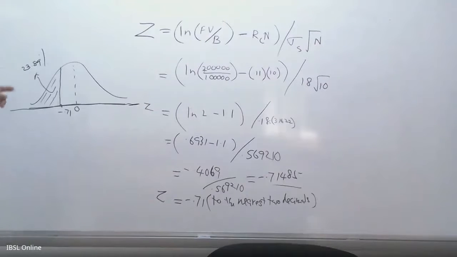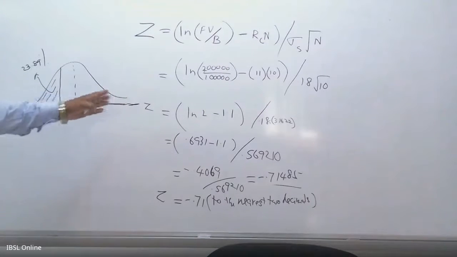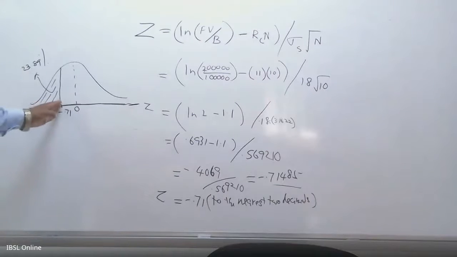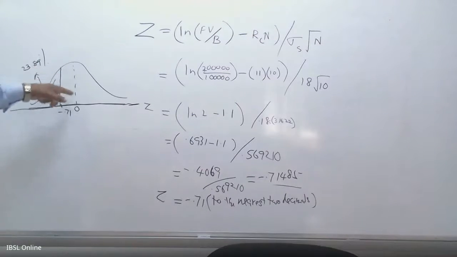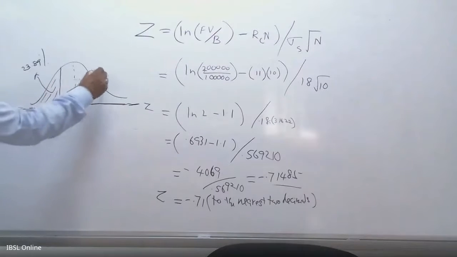So you will see here is the value minus 0.71. From the table we got this value. It is the portion of the area to the left of this line, 23.89. So we are in a position to get the area under this.